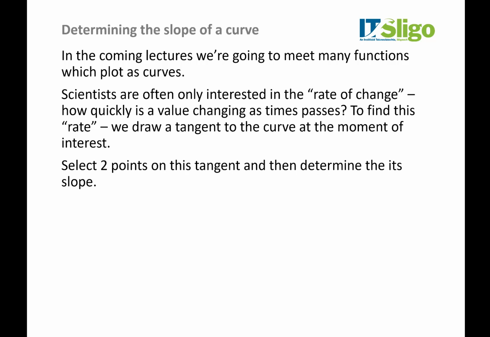So in the coming lectures we're going to meet many functions which plot as curves, not as straight lines. And very often we're only interested in the rate of change. We might not necessarily know what's the value of y at a particular time. We mightn't be so interested in that. Here's a point xy.